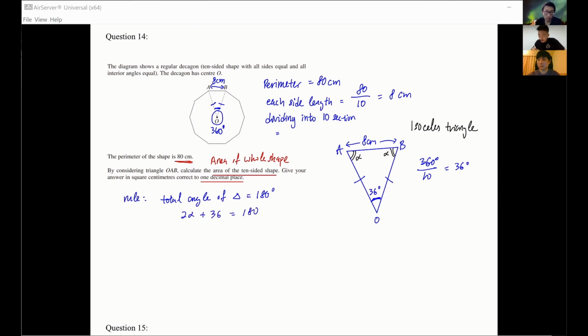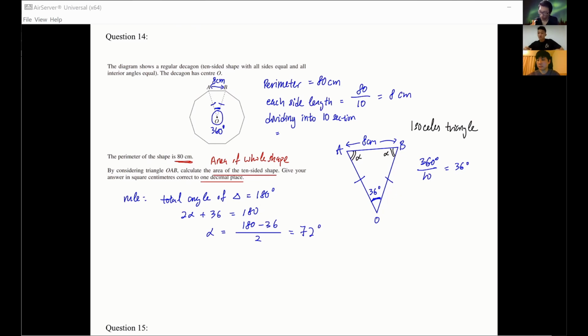So alpha is 180 take away 36, divided by 2. You move this to the other side and then divide by 2. So what's alpha? 180 minus 36 divided by 2. If you key into the calculator, it will be 72 degrees.